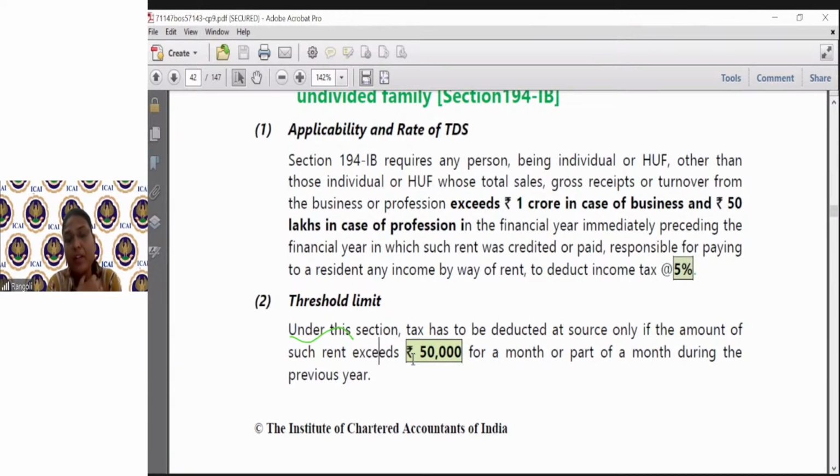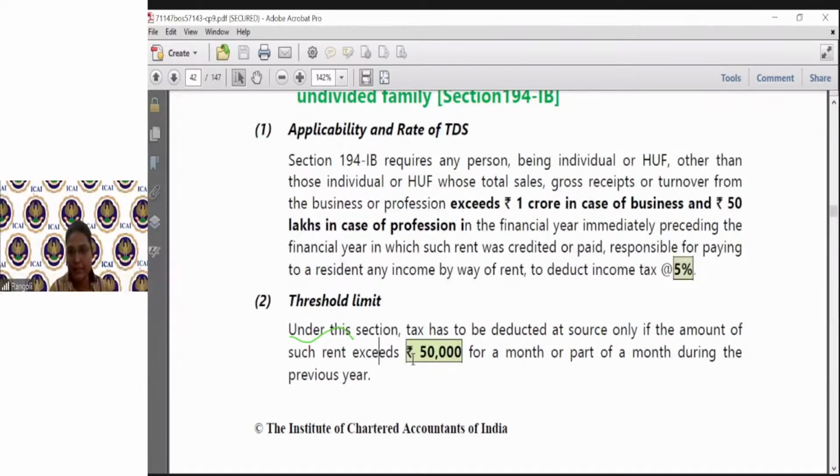So, my dear friend, if you are giving a property to someone, say for example, I am an individual and I am giving my property to someone on rent. Okay, and the per month rent is more than 50,000. Say for example, per month rent is 55,000.